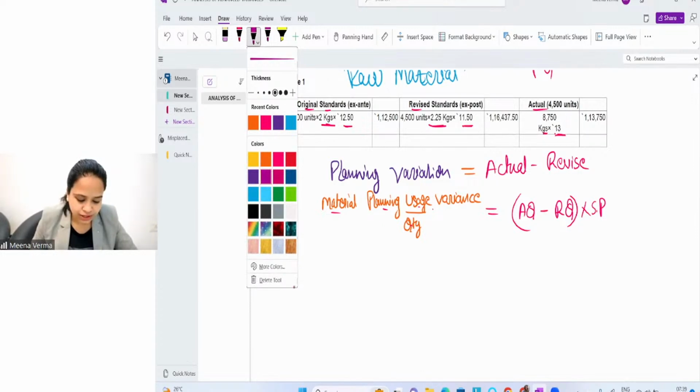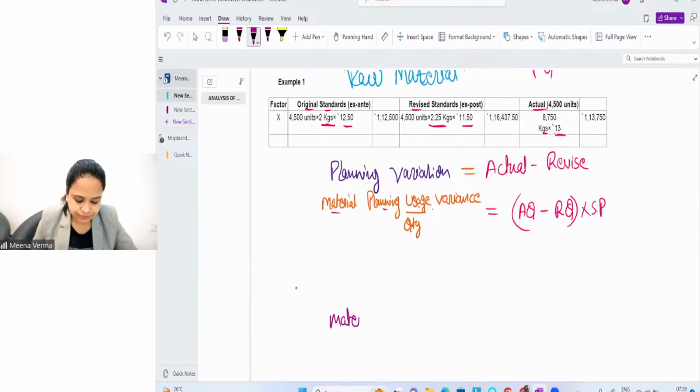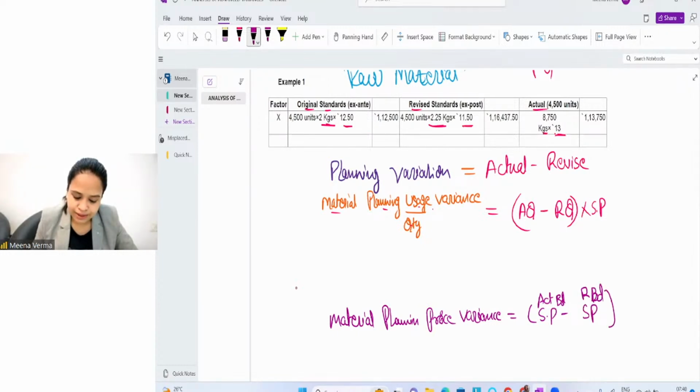Similarly, you can find here material planning price variations. So what will be the standard price minus, this will be the actual budgeted standard price minus the revised budgeted standard price.